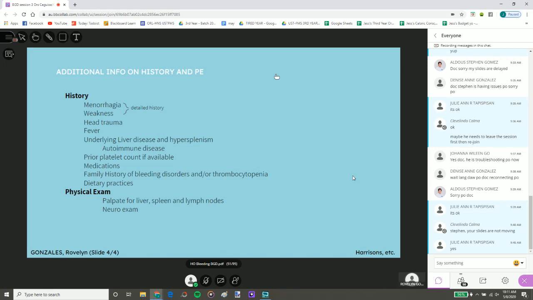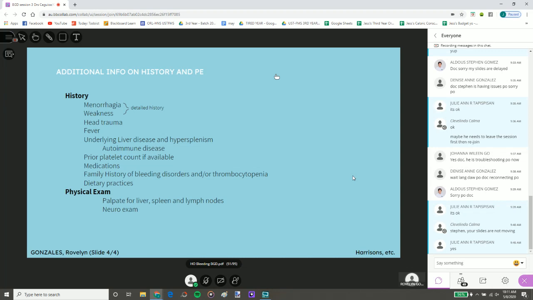Next, fever. We should also ask for occurrences of fever and infection, as thrombocytopenia can occur with a variety of infections. The mechanisms may include immune-mediated platelet destruction, bone marrow suppression, or platelet consumption.